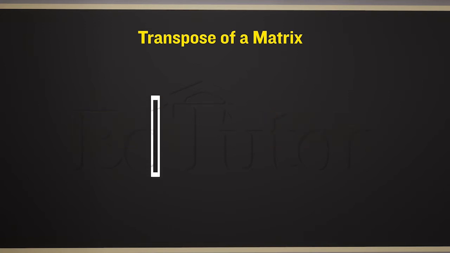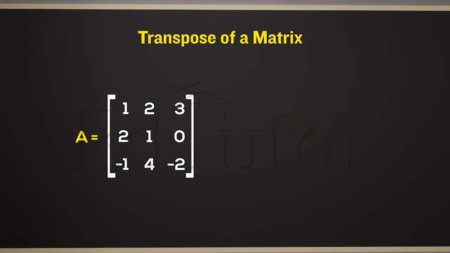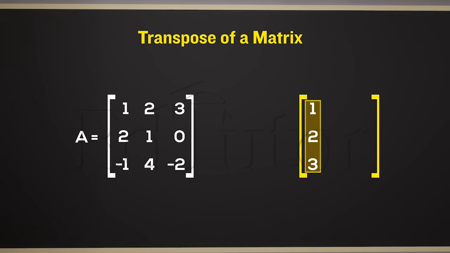Take the example of matrix A. We have A and another empty matrix where the changes will be reflected. From matrix A, take all the entries of its first row, 1, 2, 3, and place them in the first column of this empty matrix from top to bottom.